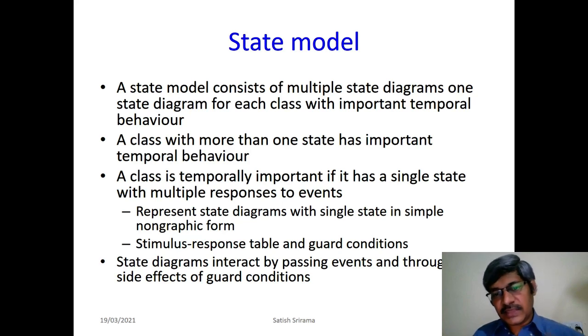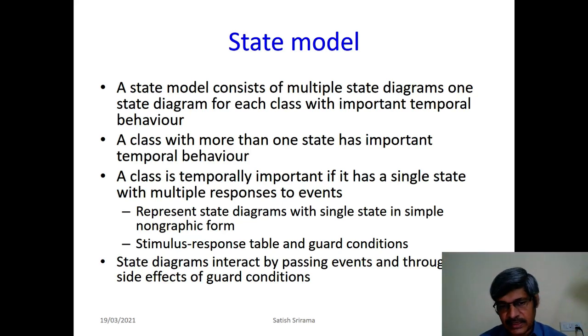Suppose a class has a single state. Even then, sometimes it may be temporally important, if it has multiple responses to events. For example, it will be in a single state, and if some event comes, it will have multiple different types of responses.